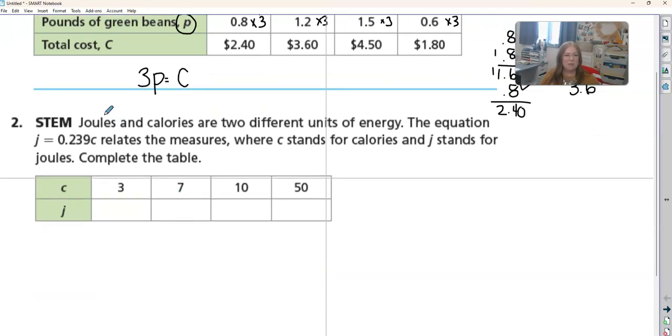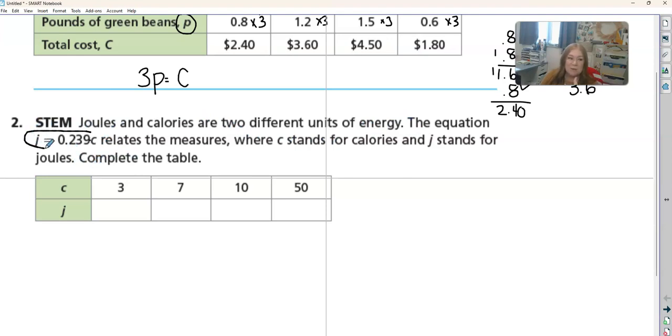Hey, number 2, joules and calories are 2 different units of energy. The equation stands J equals 0.239 C, right? So these are stuck together. We're timesing. Relates the measures where C is calories, J stands for joules. Complete the table.